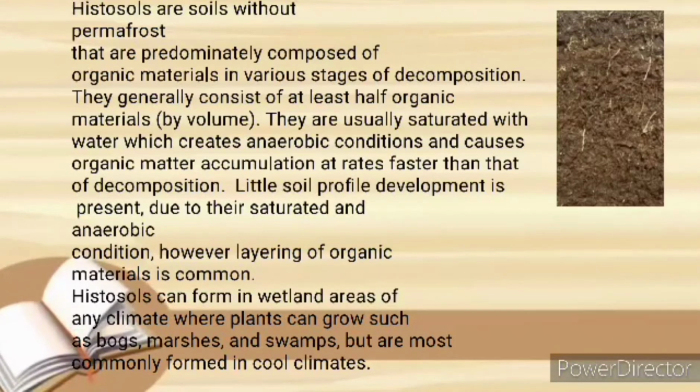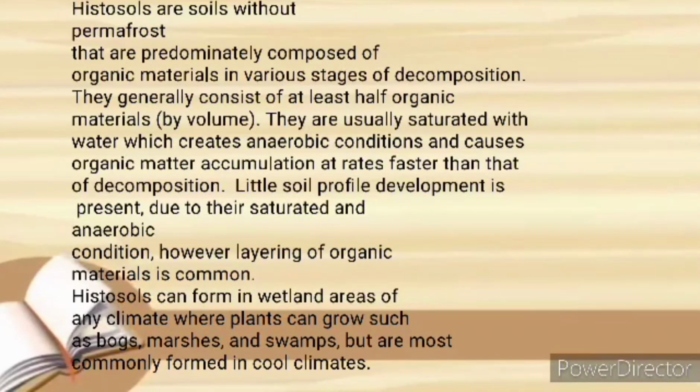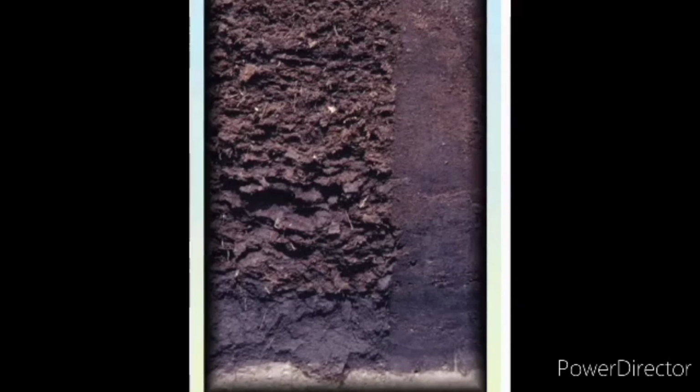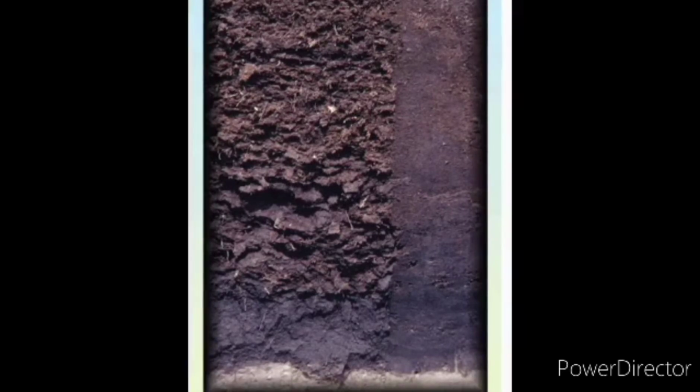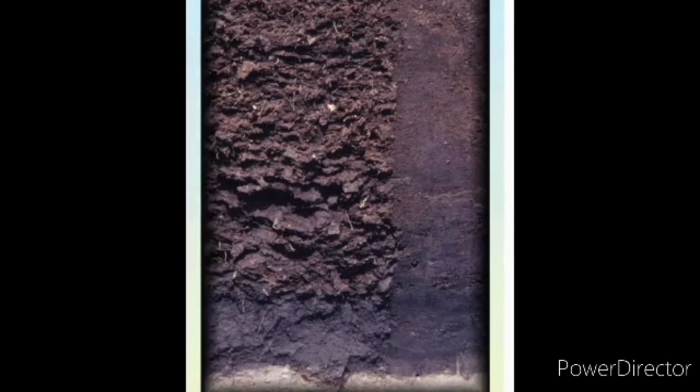Histosols can also form in wetland areas of any climate where plants can grow, such as bogs, marshes, and swamps, but are most commonly formed in cold climates. As you can see in the image above, histosols have a high content of organic matter and no permafrost. Most are saturated year-round, but a few are freely drained.